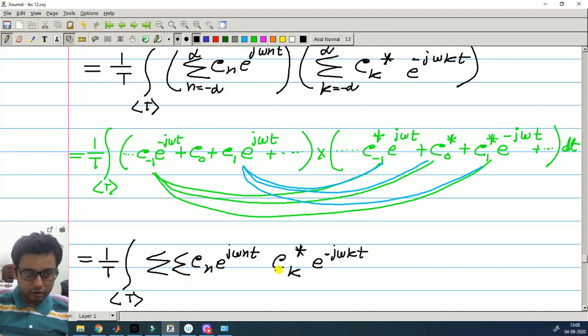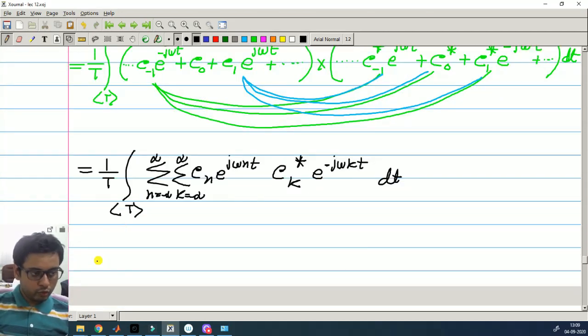So for all k minus infinity to plus infinity, and for all n minus infinity to plus infinity dt. So we will have so many terms, but only those terms where n and k are equal, they will survive after integration, others will be 0. So let me write only those terms where n and k are equal.